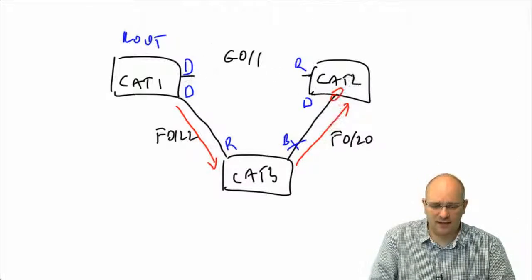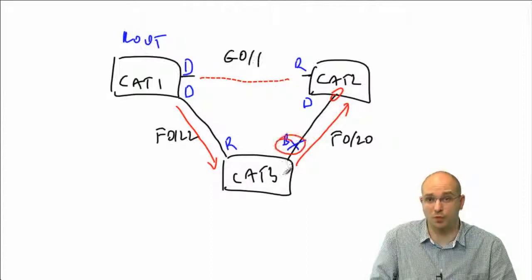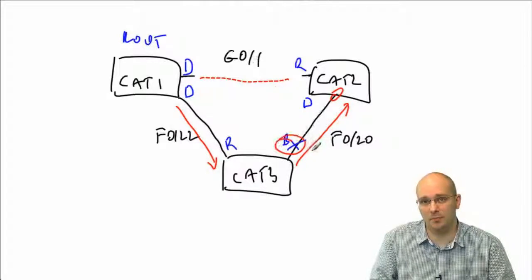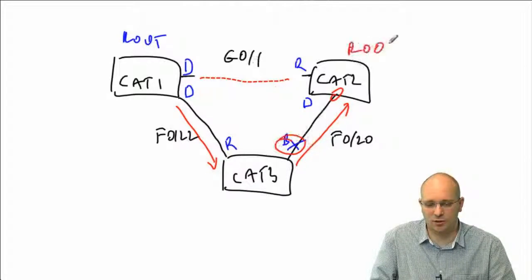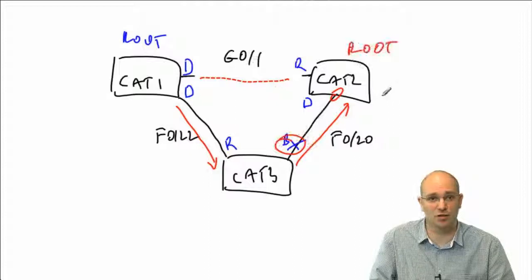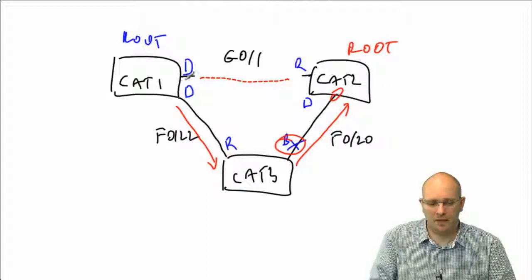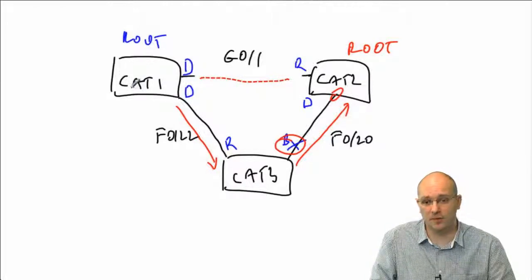When this link failed between cat1 and cat2, because this port here was blocking, it wasn't sending any BPDUs, which means that cat2 declared itself as a root. But remember, if this link was operational between cat1 and cat2, cat1 would be the root, which means that cat1's BPDUs are superior to those from cat2.